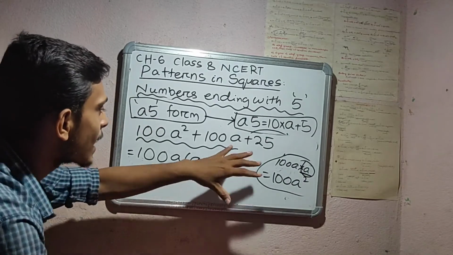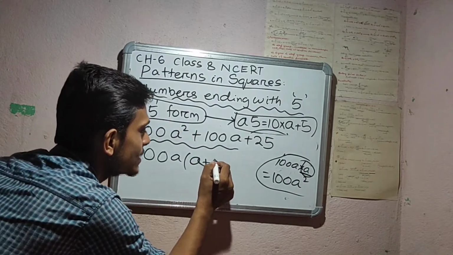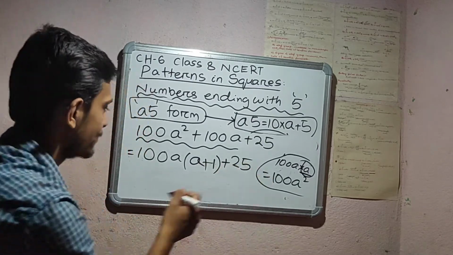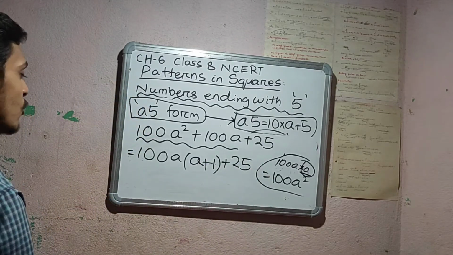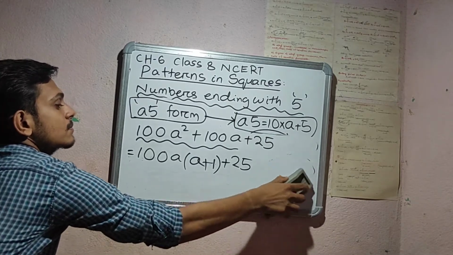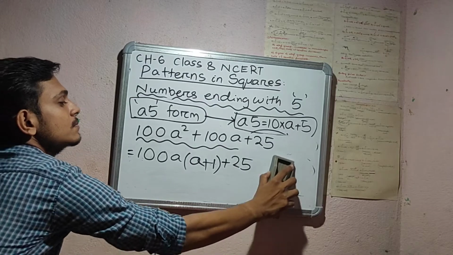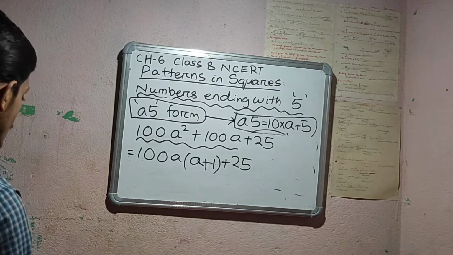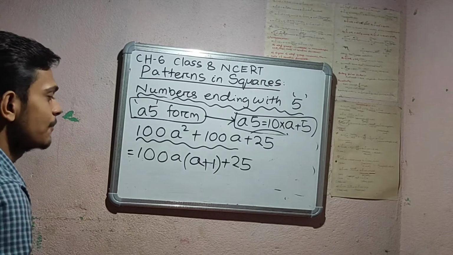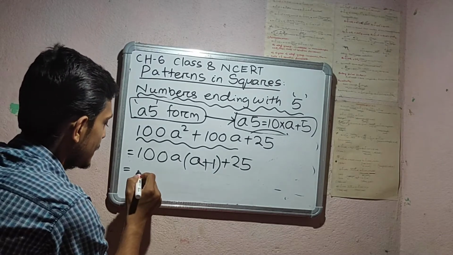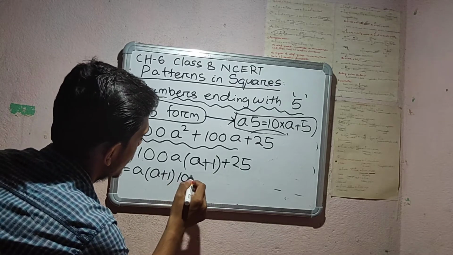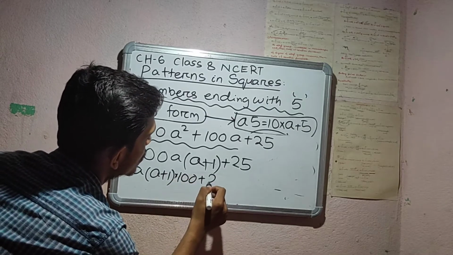100A is already taken common. So what is the number? That is 1. Just 1. That is plus 25. Clear? Note it down. Clear? Then A is multiplied with A plus 1, multiplied with 100, plus 25.